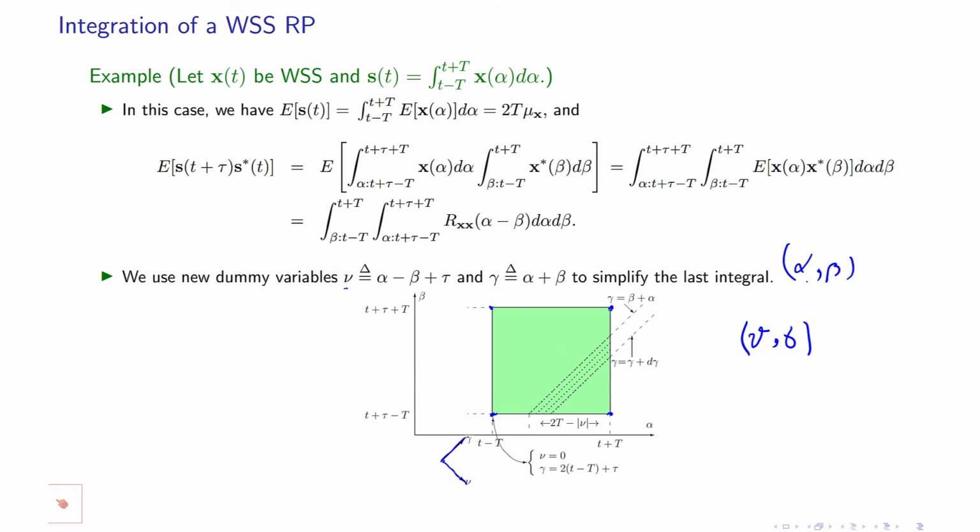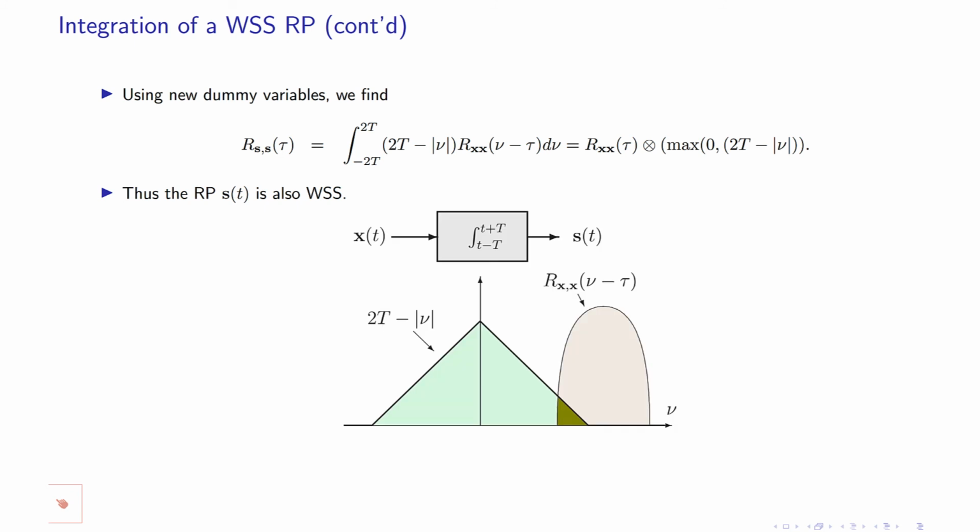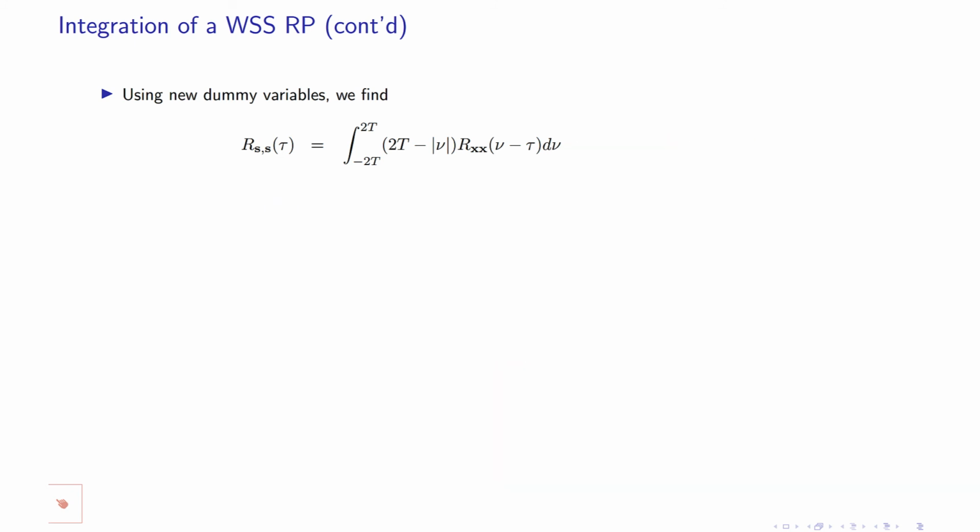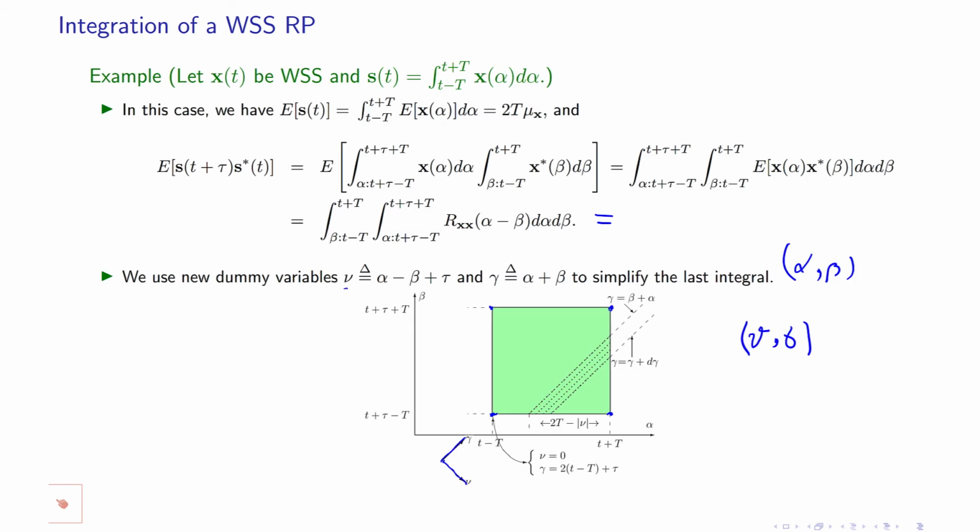If you do that, this double integral could be written over this. It's like you rotate this 2D plane by 45 degrees or so. You can easily prove that this double integral could be simplified, because this function of yours here is constant over any line parallel to the gamma axis.